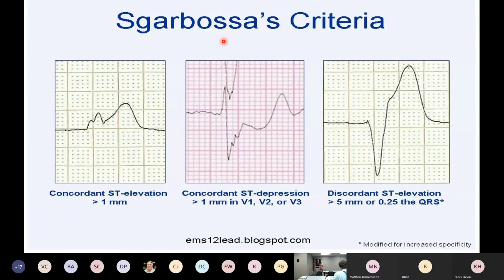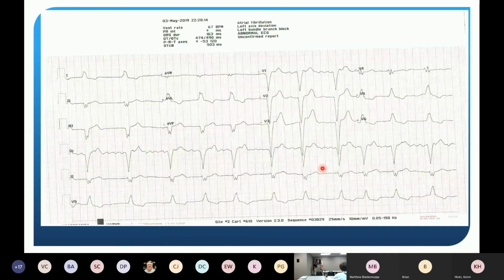So ST elevation with concordance, QRS and T-wave in the same direction, very bad. Concerning for a STEMI, they go to the cath lab. Discordance more than one big box is also concerning. It's not always as effective as looking at the concordance, but discordance that's more than 5 millimeters or one big box is concerning as well.